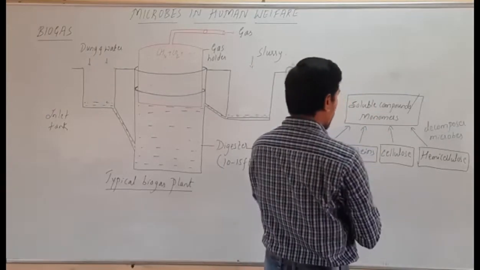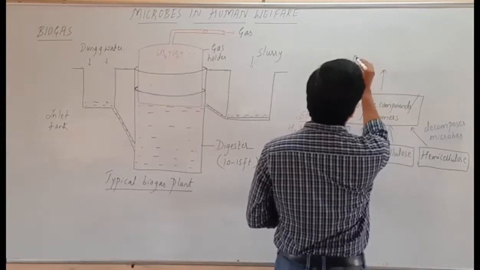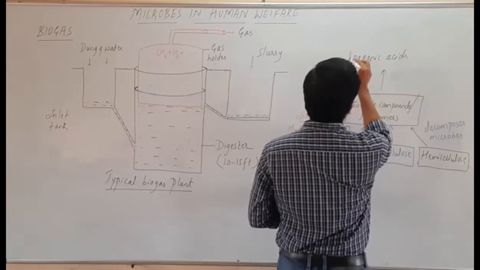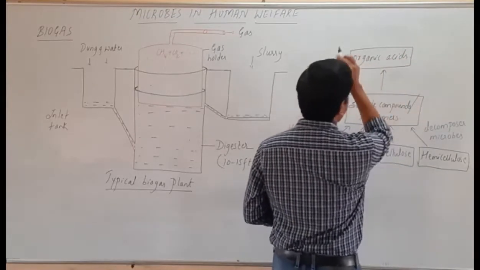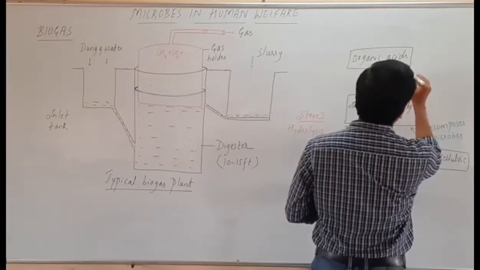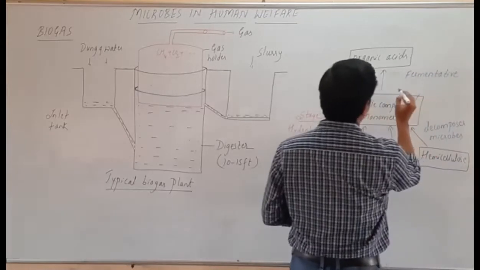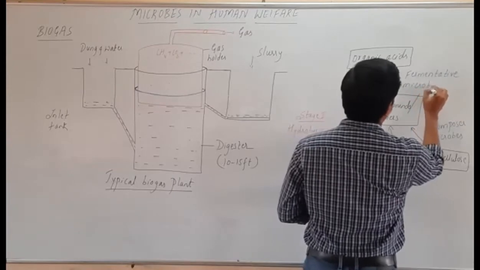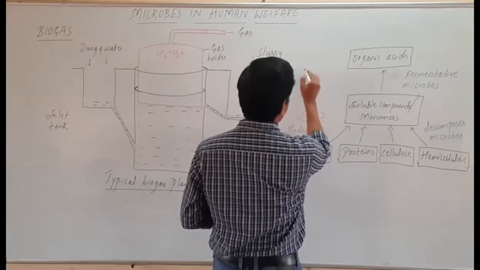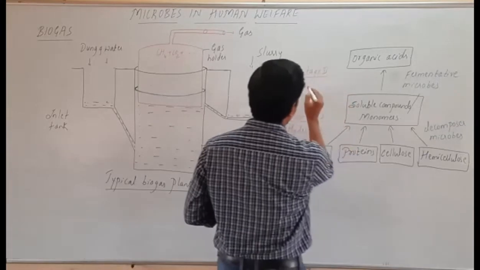Then these soluble compounds are converted into organic acids with the help of fermentative microbes. And this is called as stage 2, where we call it as acidogenesis.